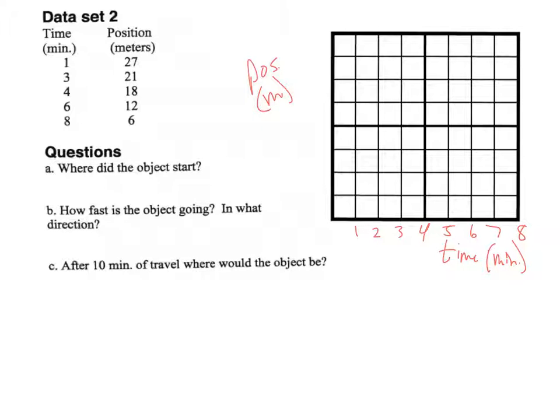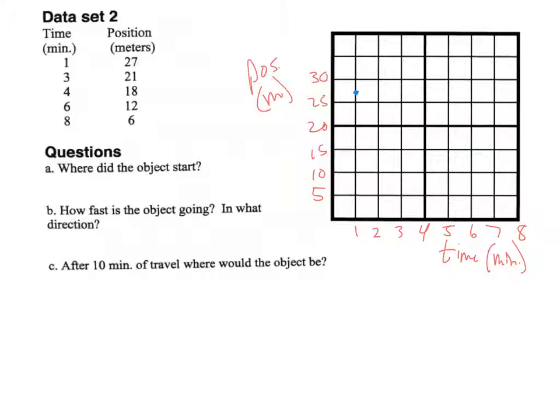And let's see, I've got to go up to 27 on my position, so I guess I'll go by 5s: 5, 10, 15, 20, 25, 30, and that should do it. So I've got to plot my points, and my points are (1, 27). So I put 1, and then 27 looks to be about like that.